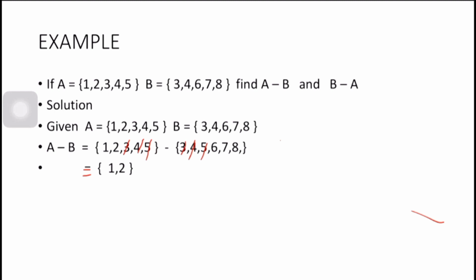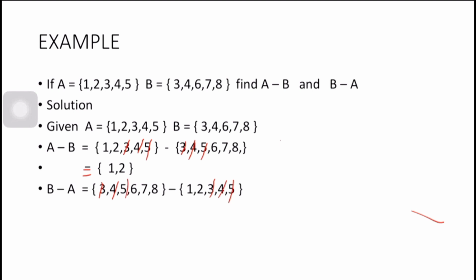Next, B minus A. B minus A means first we have to write the set B after the set A. Here the common elements are 3, 4, 5.